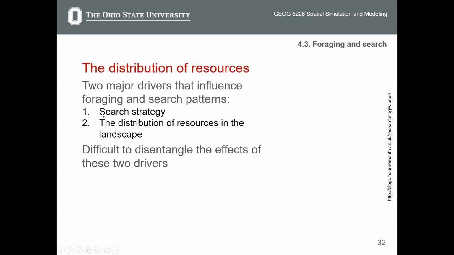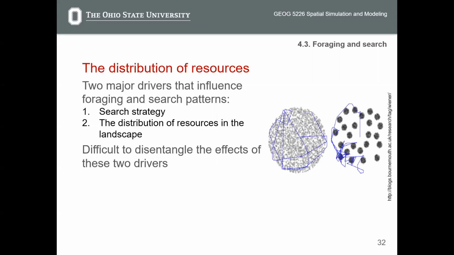The searching strategy is important, and the distribution of resources in the surrounding environment is also important. But which one is more critical for a walker, for a forager? It's very difficult to separate the importance of these two factors, of these two drivers.